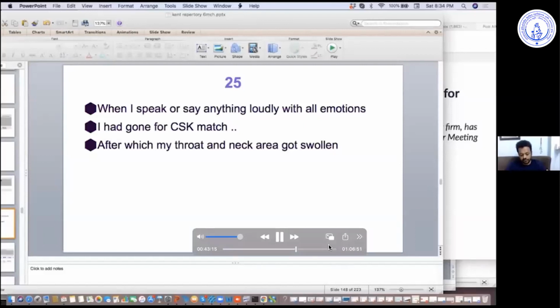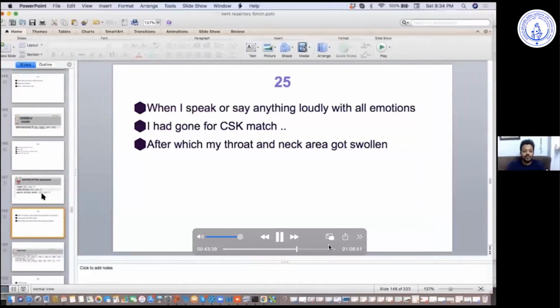Any suggestion, doctors? Anyone else? Dr. Suvarna has said throat pain, sore, straining after. Very nice rubric, no? What is the rubric?